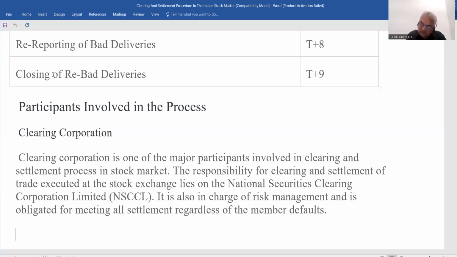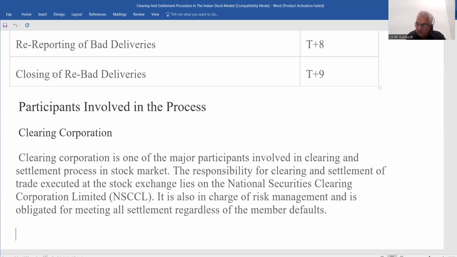If we go to page number 50, it says clearing is a process of determination of obligations, after which the obligations are discharged by settlement. A multilateral netting procedure is adopted to determine the net settlement obligations of the clearing members.